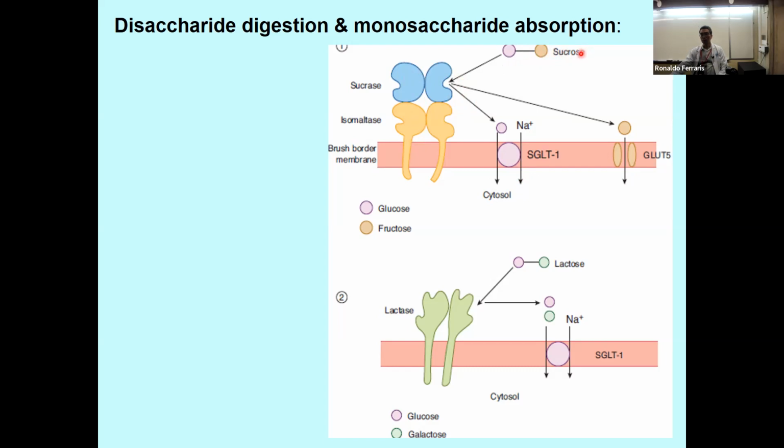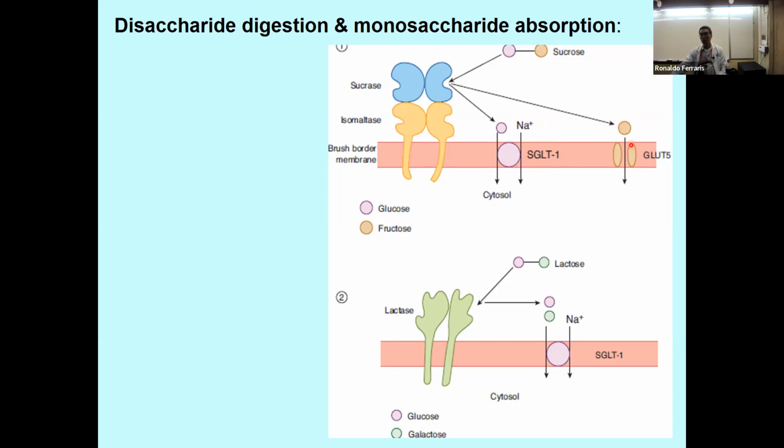You have a ton of sucrose that's digested to liberate glucose and fructose. Glucose is absorbed by a sodium-dependent process by this transporter called SGLT1, sodium-dependent glucose transporter 1. This is active and it's energy dependent.